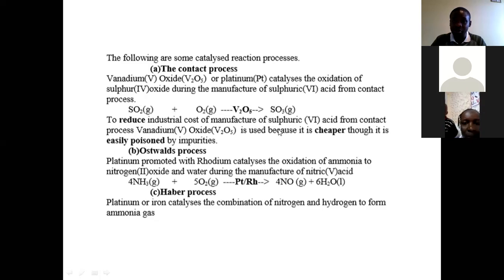Vanadium(V) oxide is used because it's cheaper, though it is easily susceptible to impurities. In the Ostwald process, we use platinum-rhodium to catalyze that reaction. And in the Haber process, which is the manufacture of ammonia, we use platinum or iron catalyst to do that particular reaction.